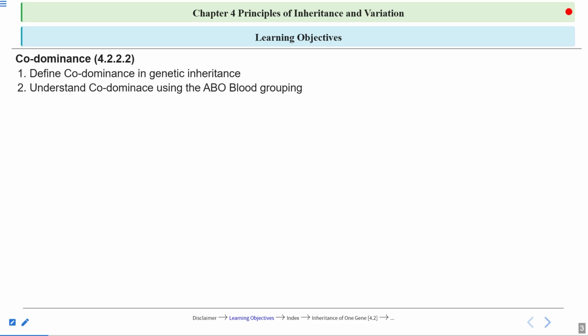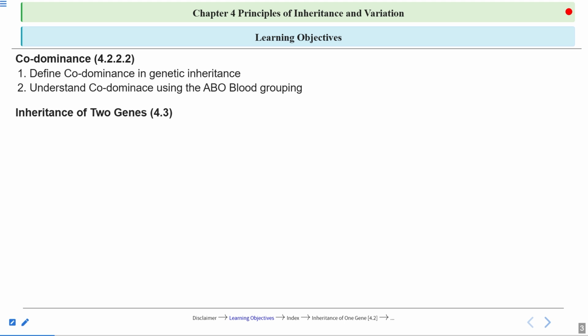We will understand codominance using the ABO blood grouping system, which is a very classic example of codominance. So we will understand the mechanism of codominance with this example.